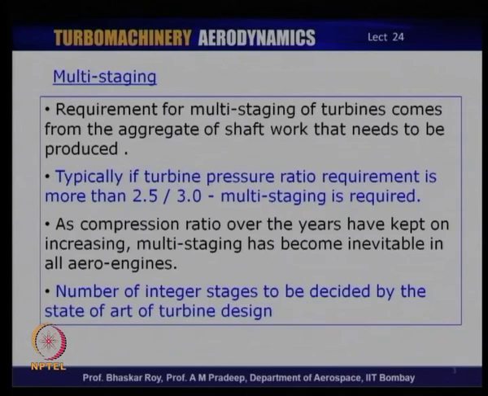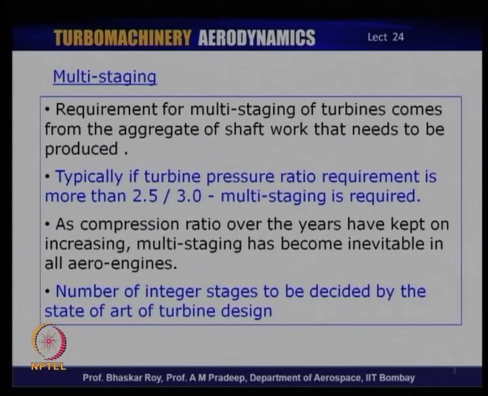Normally, it comes from the aggregate amount of shaft work that needs to be produced. Now, as I mentioned, this shaft work includes the work that needs to be supplied to the compressor, the work that needs to be supplied to the fan, and or work that needs to be supplied to a propeller.